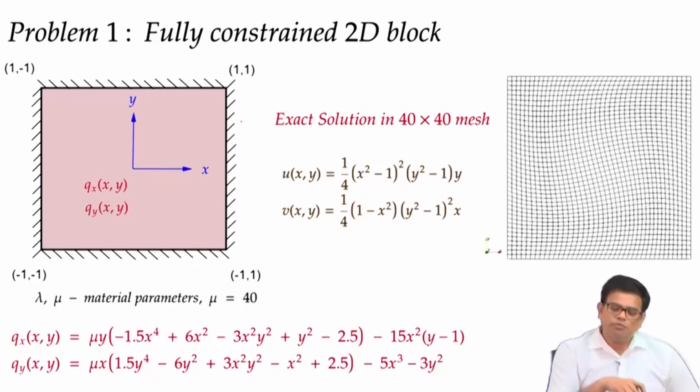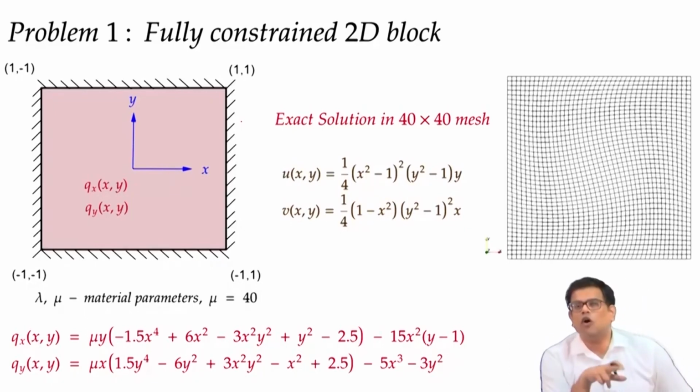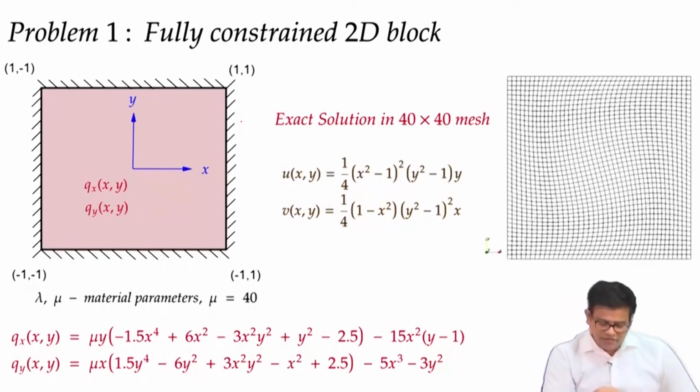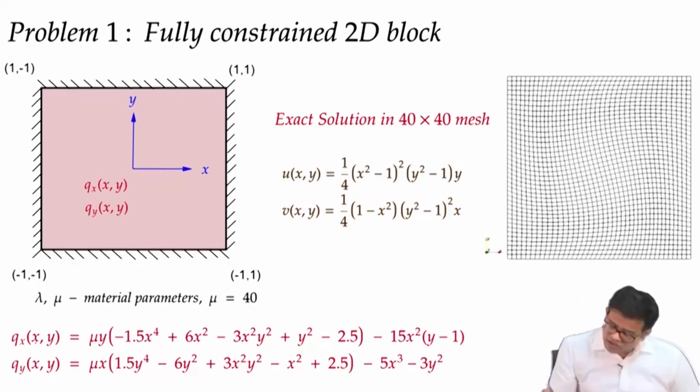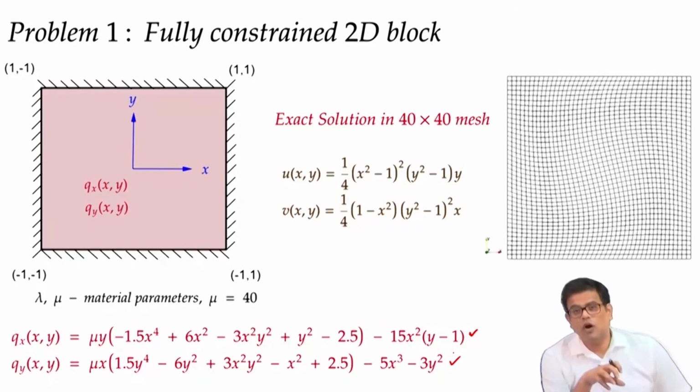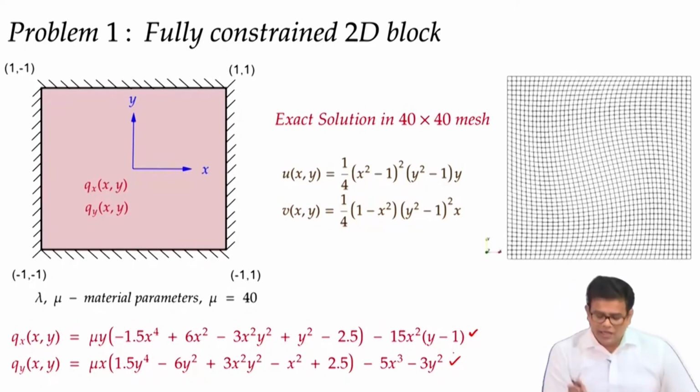Now this block is fixed on all 4 sides, that is, the u and v displacements are 0, and there is a body force acting on it, given by some analytical function. So qx and qy are the 2 body forces acting on this block. The boundaries are fixed, so no deformation is allowed, and mu is given as 40.